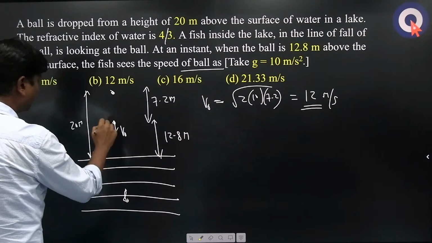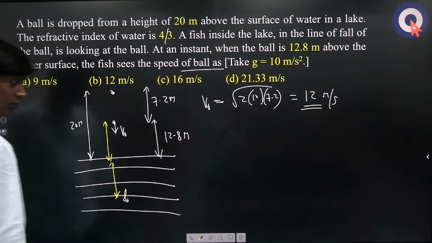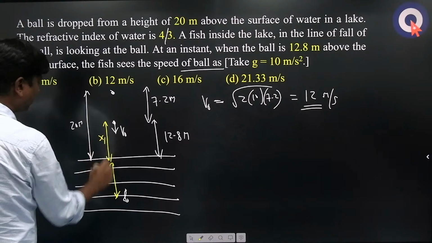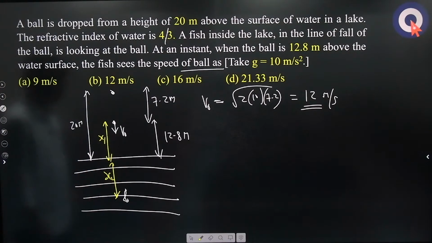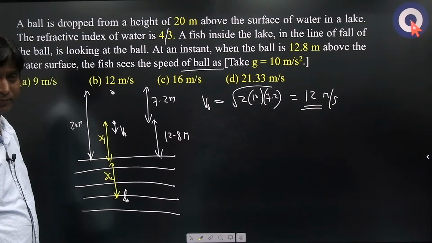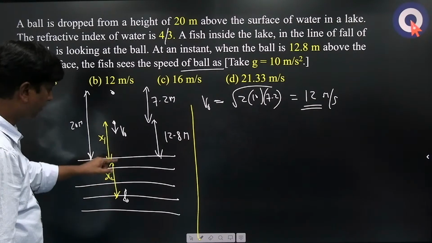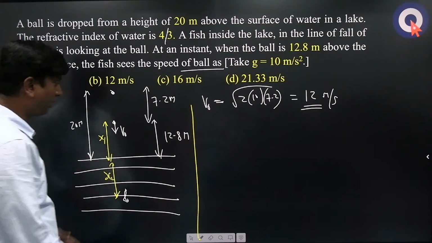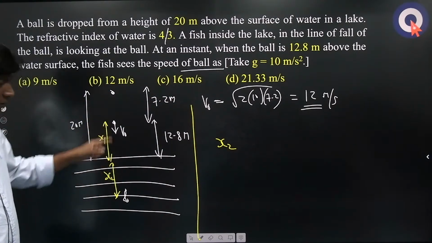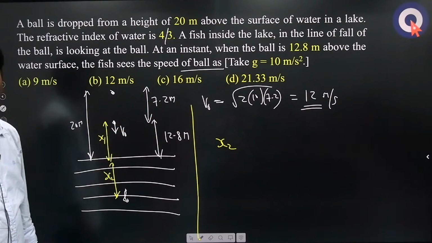So what you do, just take this distance, and here the fish is at rest only, right? So take this distance as some x1, this distance as x2. Now first we have to consider the distance of the ball according to the fish. For the fish, this distance is the same as x2 only, and this distance, x1, according to the fish, appears like nu times x1, right or not?